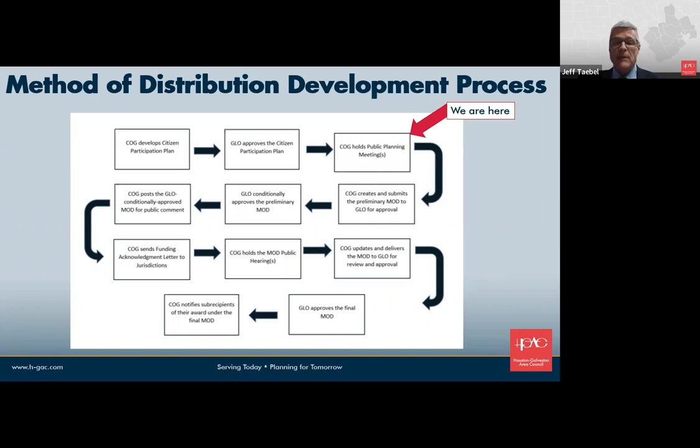We'll also hold our public hearing at that time and update the method of distribution based on any comments that we received from the public, and send it to the General Land Office for the final approval. Once that has been finally approved, then we'll notify all the jurisdictions, cities, counties, and other eligible entities of their award under the method of distribution.